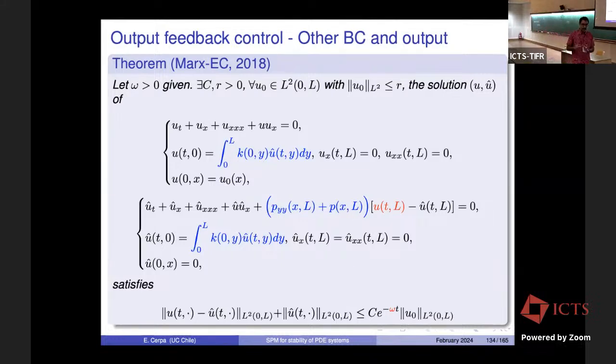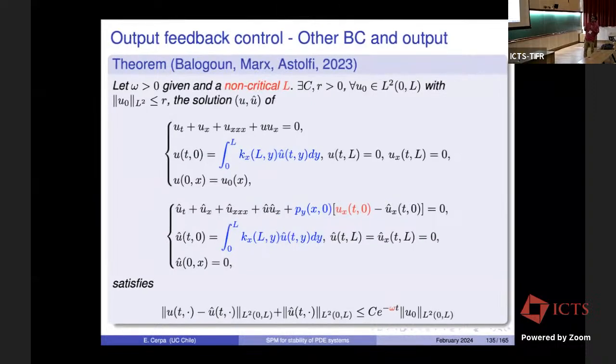That was only to get rid of these regularity difficulties coming from the very weak regularity of the output that we had previously, okay? And here there is another observer that will be useful for us tomorrow, okay?